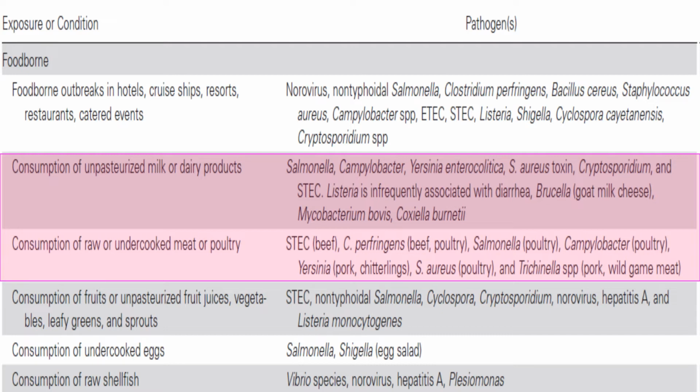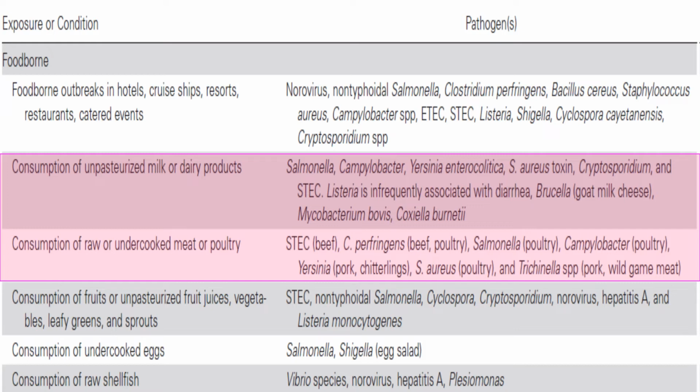It is common in beef; when you eat a hamburger, the beef may not be well cooked, right? It's just medium well, which does not kill the bacteria, so you can get STEC and infectious diarrhea.